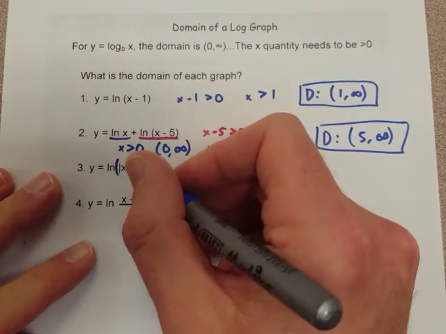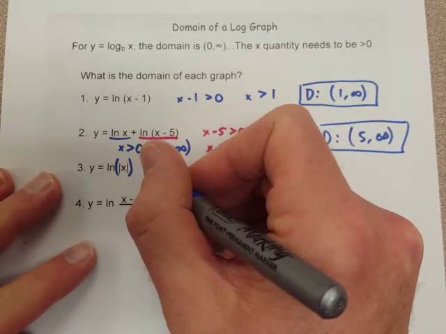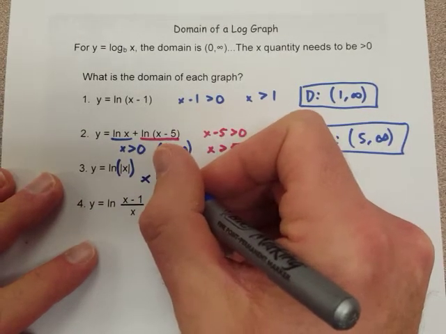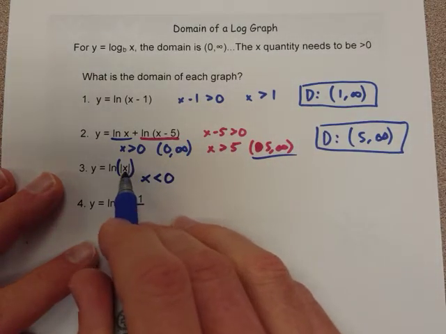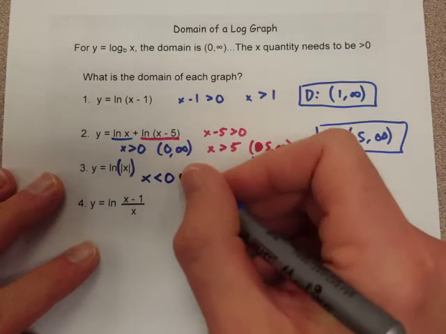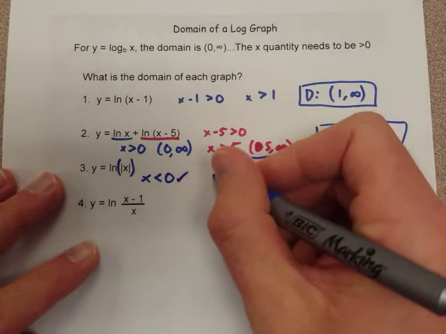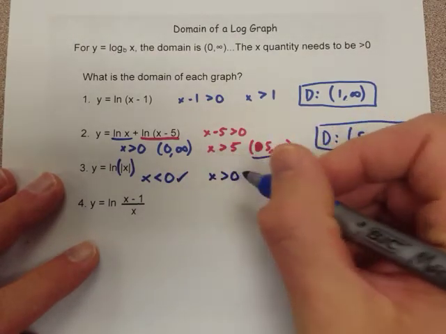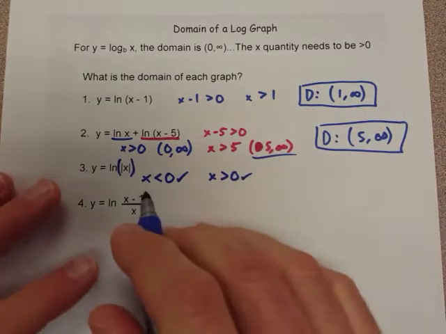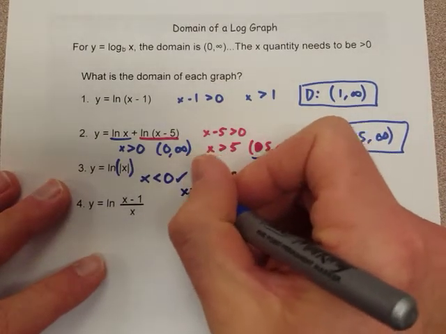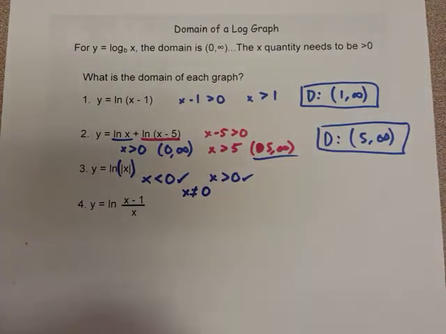So if I did, let's say, x is less than 0, if I made these negative, I put them in, that would work. So that one's okay. But then also if I did x is greater than 0, well, that's positive already, so that one will work. The only thing that doesn't work here is just 0 itself.